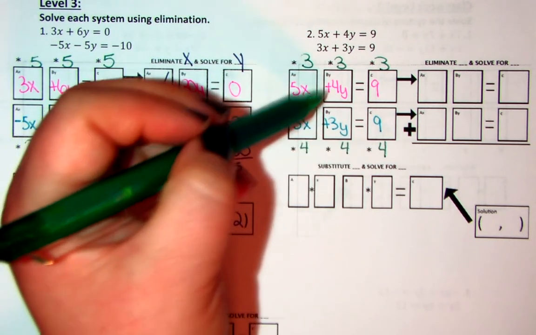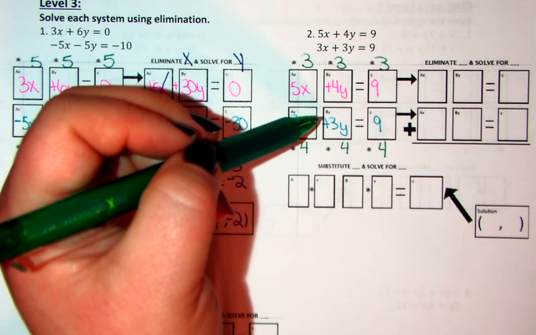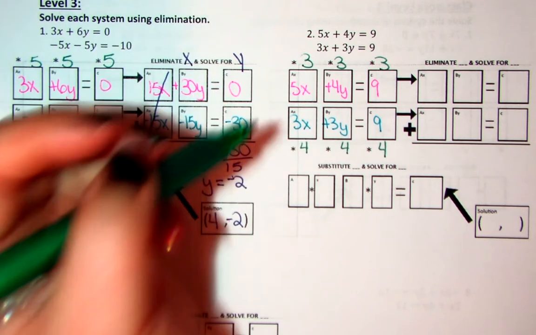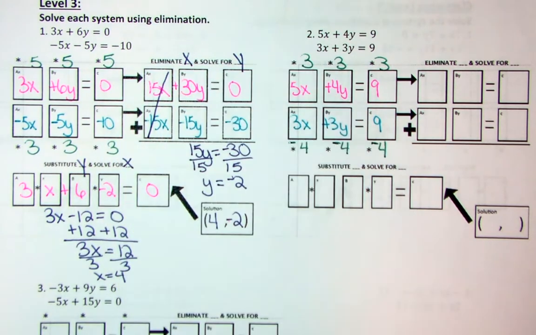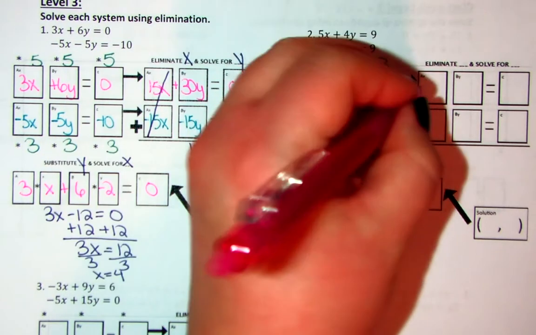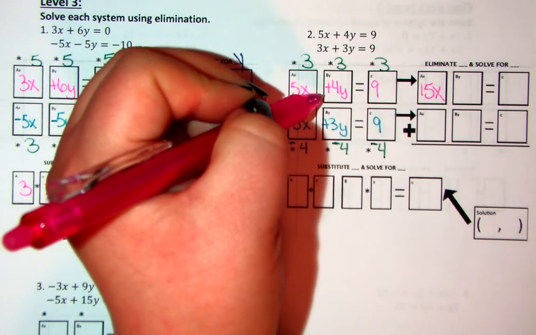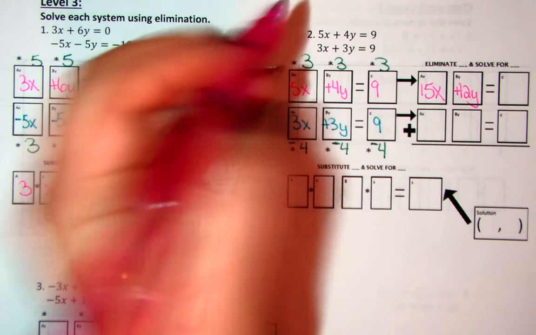I don't already have opposite signs set up, so I do need to choose whether I'm going to multiply the top by negative or the bottom by negative. I'll go ahead and multiply the bottom by negative. So all of those 4's need to become negative 4's. The top equation now becomes 3 times 5x, 15x. 3 times 4y gives me 12y.